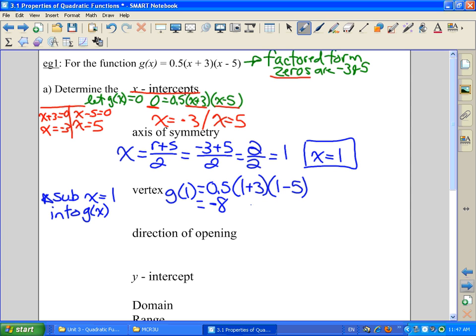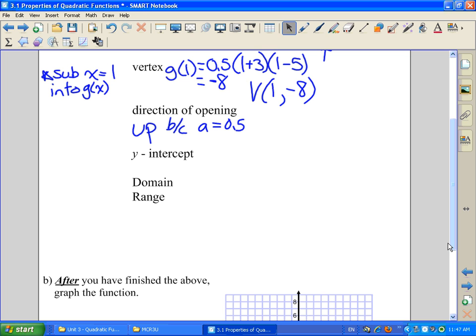So what does that mean? The vertex equals, we already have our x, which is our axis of symmetry, 1, and our y value is -8. All right, direction of opening: you look at a, and a is positive, so it opens up, because a equals 0.5. To find the y-intercept, ladies and gentlemen, we're going to let x equal 0. So it's going to be g at 0.